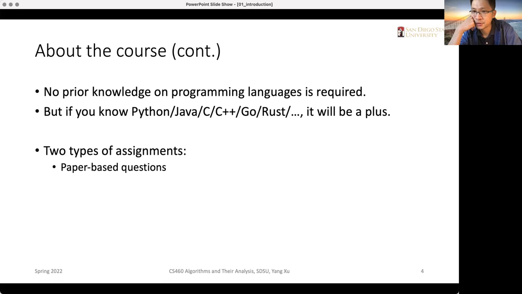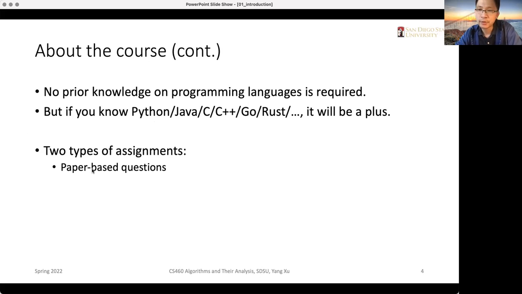For this semester, I put 6 question sets in there, if I remember correctly, okay? And each question set consists of 5 to 6 small questions, okay, that require you to work on paper, okay?